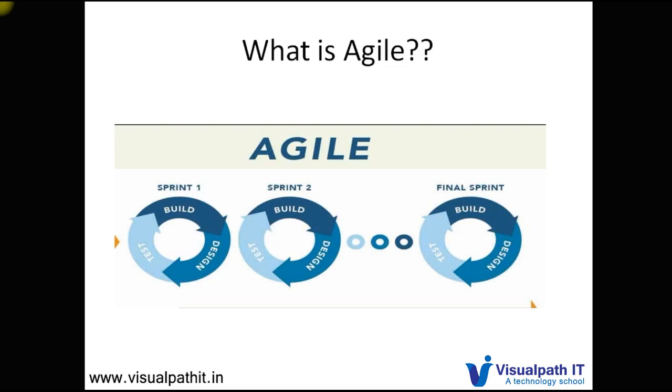Can we conclude anything from this picture? We can see sprint 1, sprint 2, then the final sprint. Basically, our requirements have been broken down into small bits and pieces. They have been clubbed together and named a sprint.